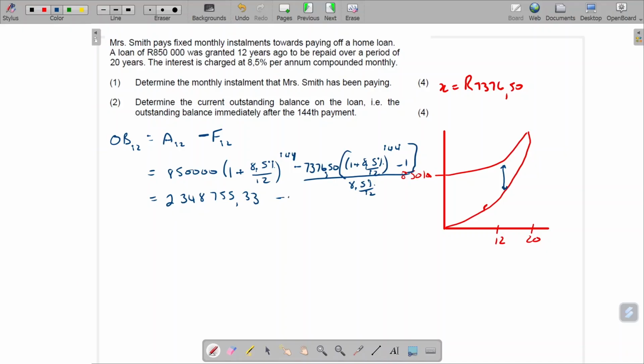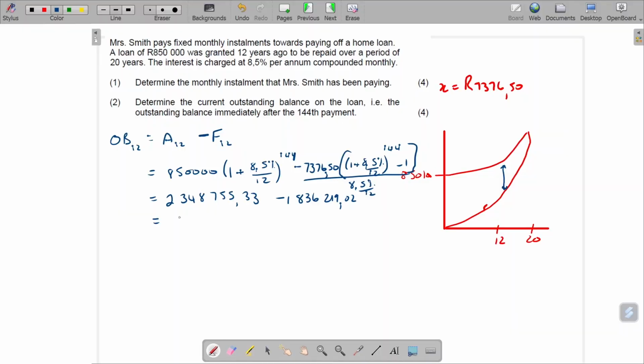1,836,219 and 2 cents. So when I do that and I take this sum, 2,348,755.33, I get an answer of, believe it or not, he only owes 512,536.31.